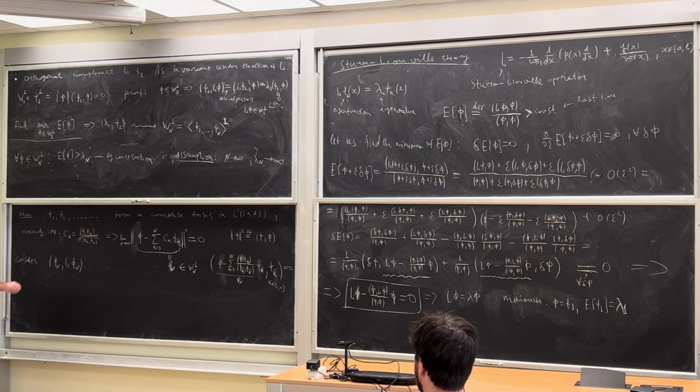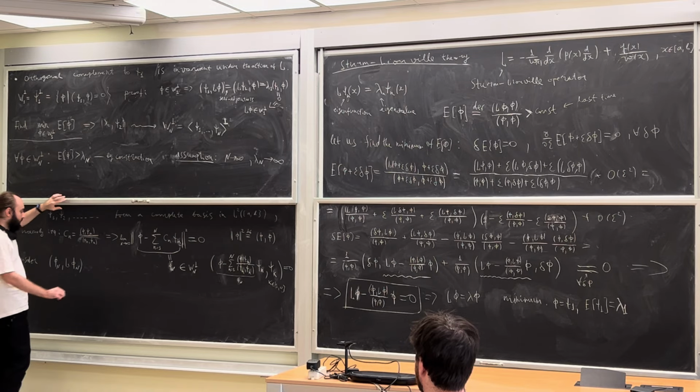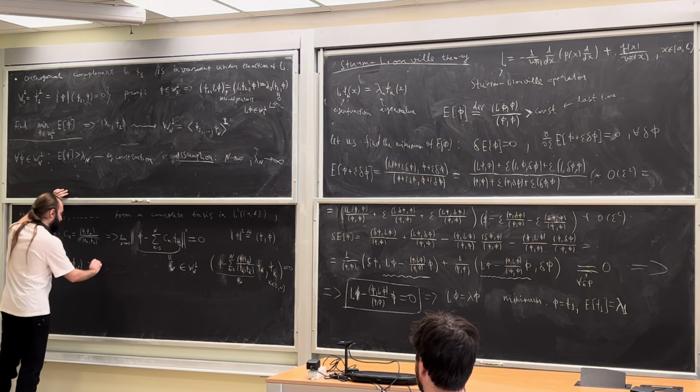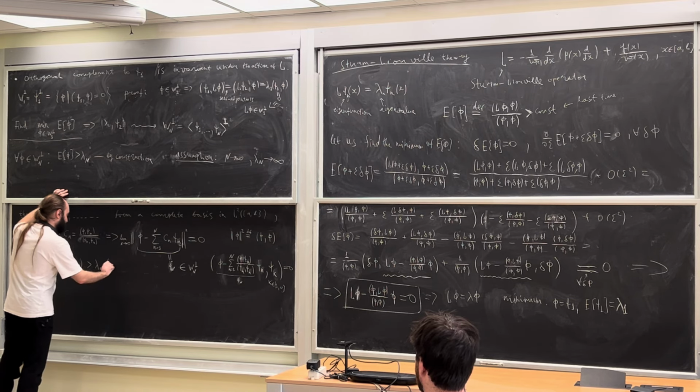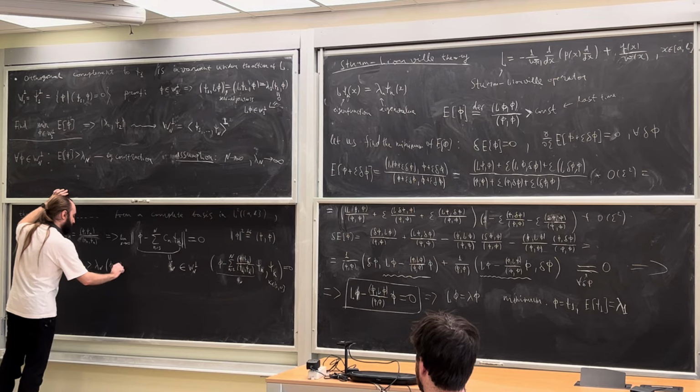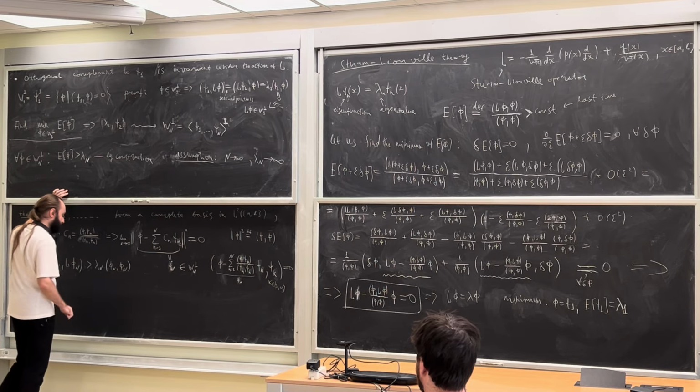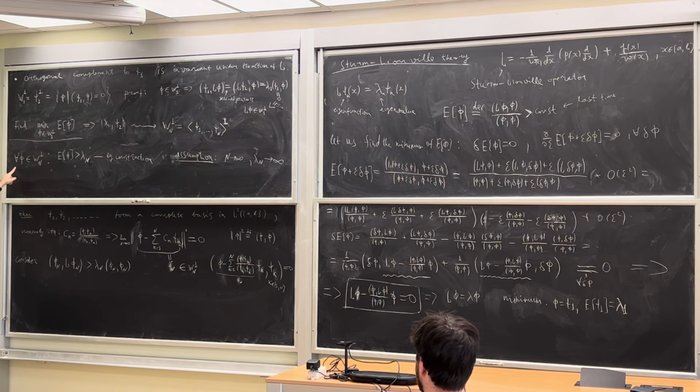Now we consider this scalar product. On one side, we know that this scalar product is greater than lambda n times the norm of phi n, because it is true for any vector there.